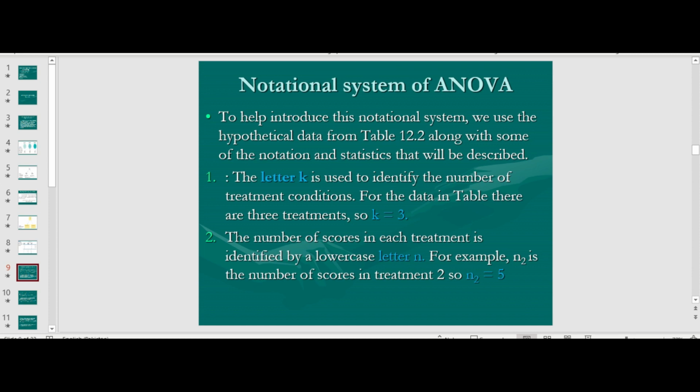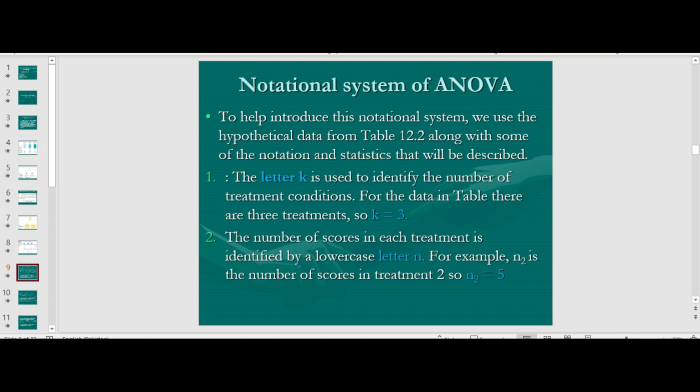So the letter K is used to identify the number of treatment conditions. That is, we can also say that it is the number of levels of the factor, or the number of levels of the independent variable. For an independent measures study, K also specifies the number of separate samples.